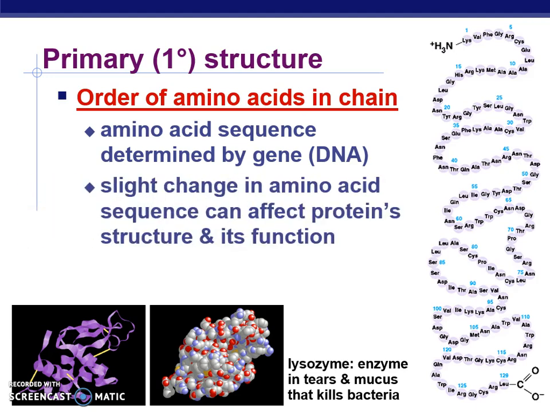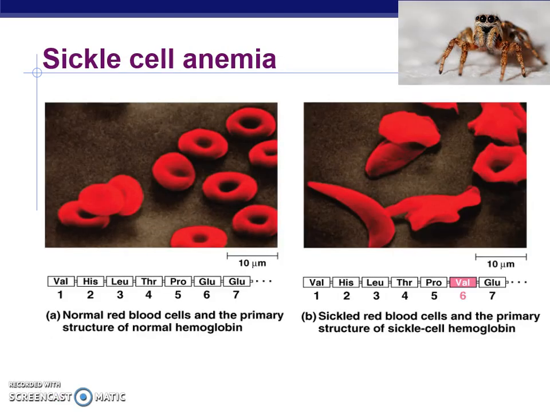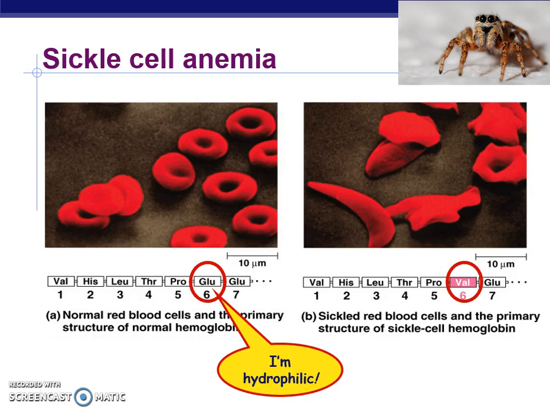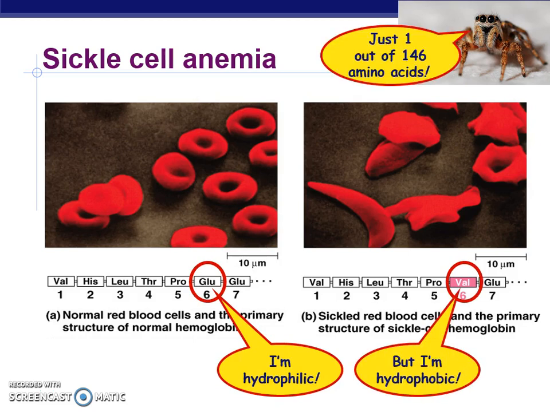And a slight change could actually have a huge influence on how that protein functions. So for example, in sickle cell anemia, hemoglobin, you change one amino acid from a hydrophilic amino acid to a hydrophobic amino acid, and you have a huge influence on the overall structure.